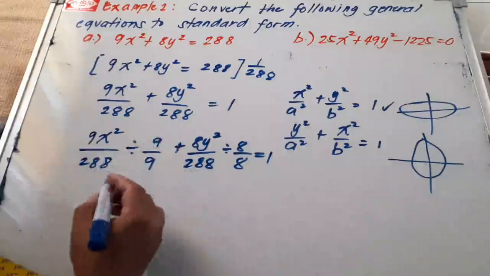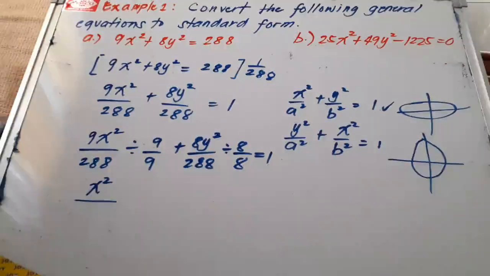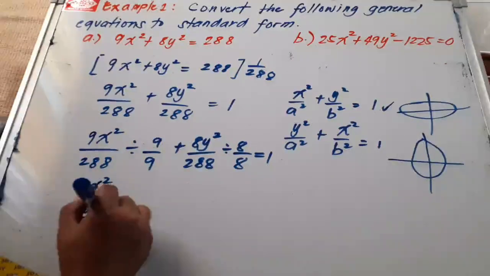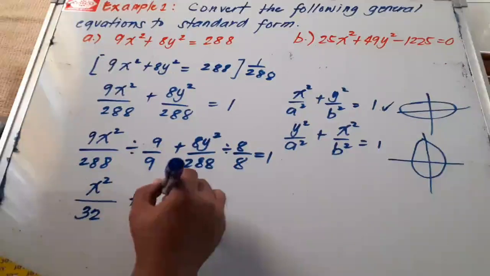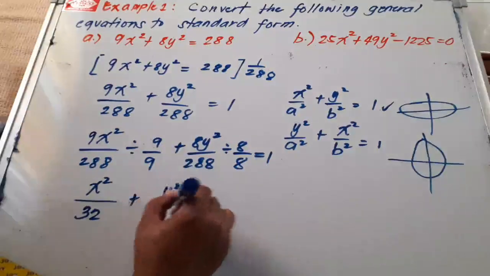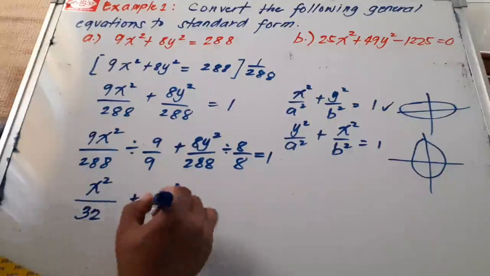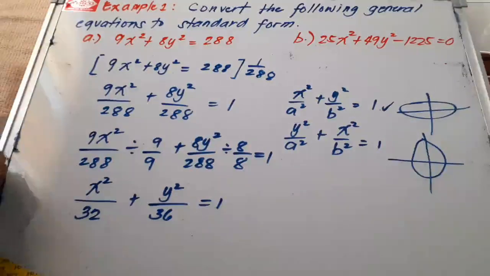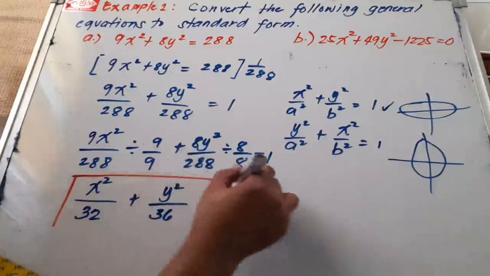So, 9 divided by 9 is 1. So, x squared over 288 divided by 9 is 32. Plus 8 divided by 8 is 1. So we have y squared over 288 divided by 8 is 36 equals 1. So this is now your standard form ng ating ellipse.